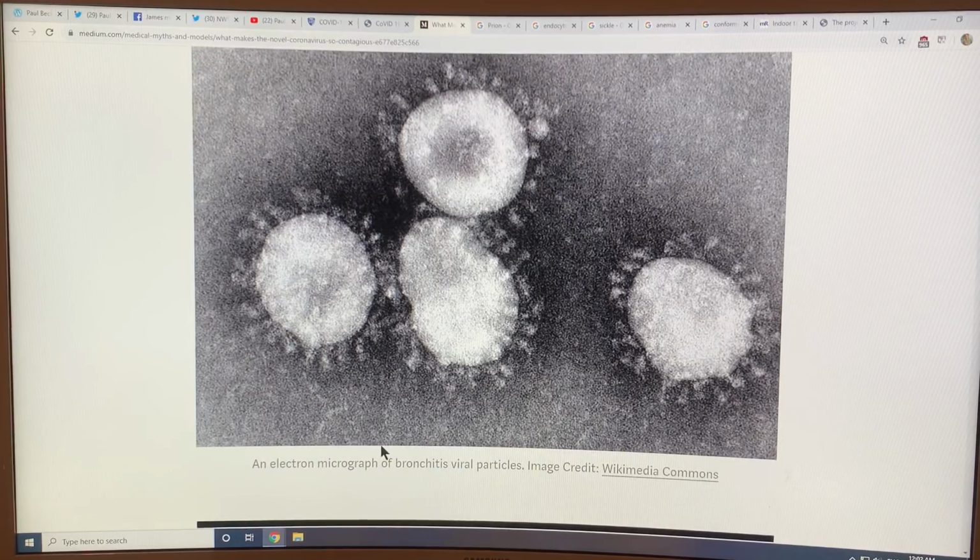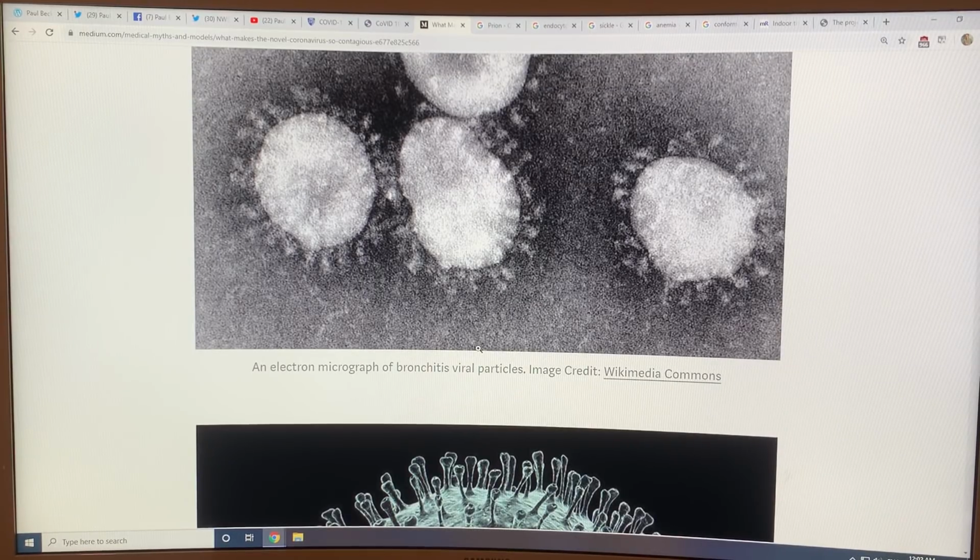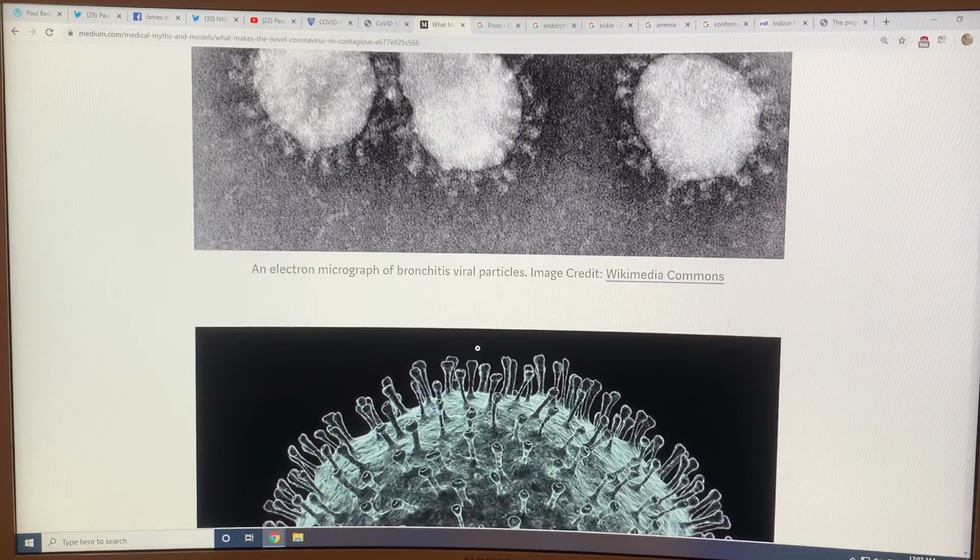This is an electron micrograph of bronchitis coronavirus-like particles. The diameter is somewhere like 50 to 200 nanometers, which is typical for viruses. Very, very tiny critters. A nanometer is a billionth of a meter.